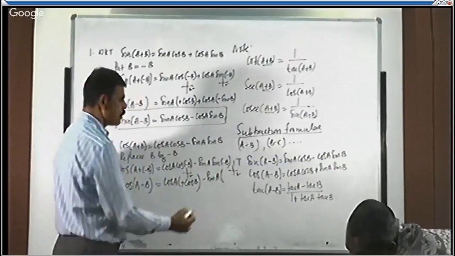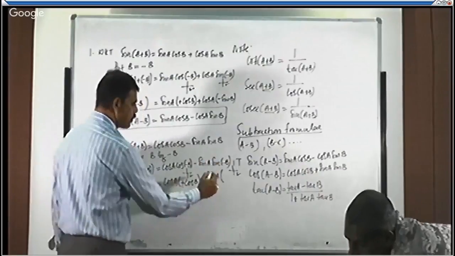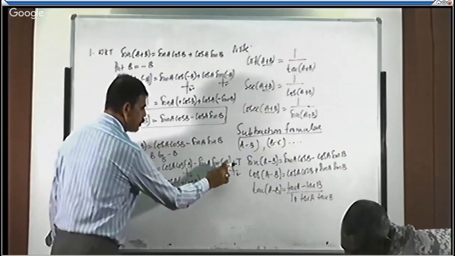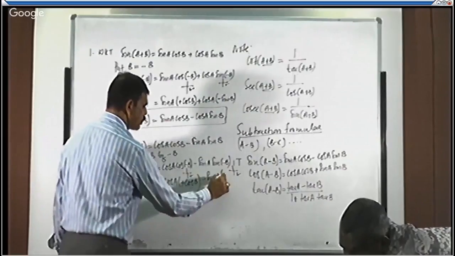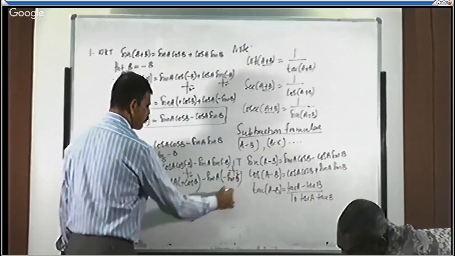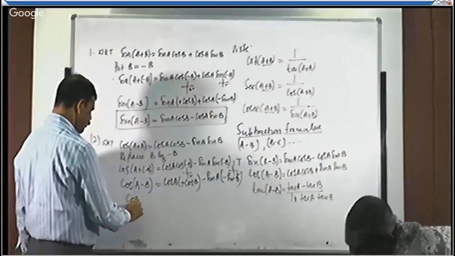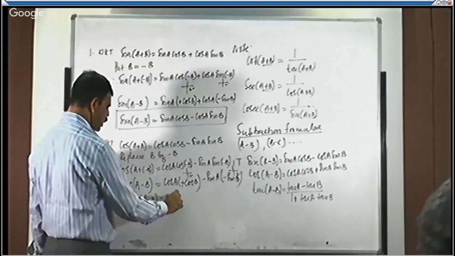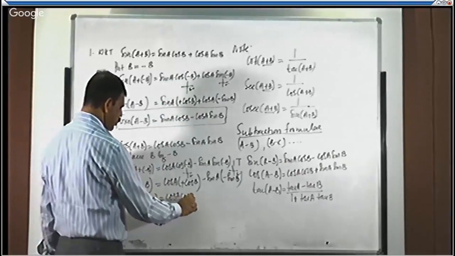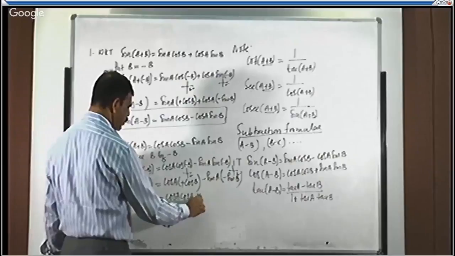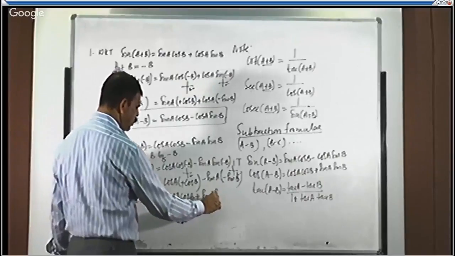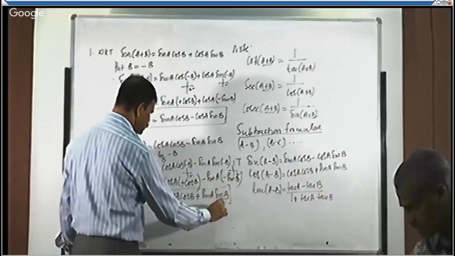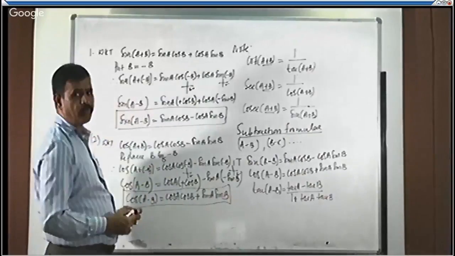In the fourth quadrant, what is sin? It is negative. Okay. For minus B, this sign will remain same, sin B. Hence, cos of A minus B is equal to cos A cos B minus into minus plus sin A into sin B. This is the cos of A minus B formula.